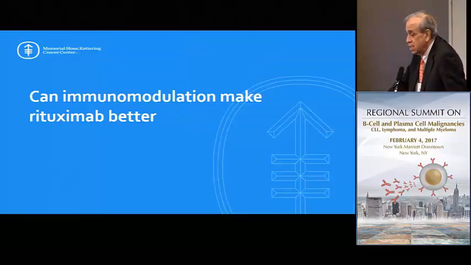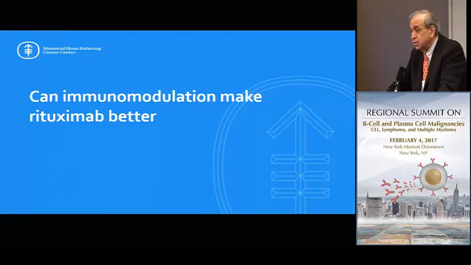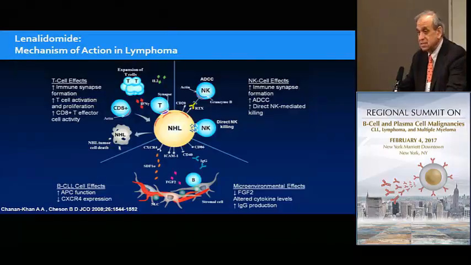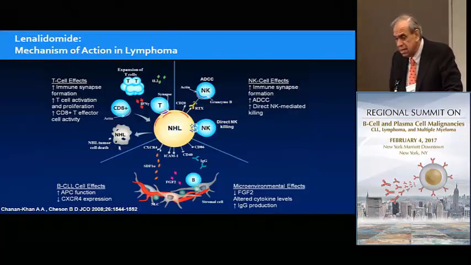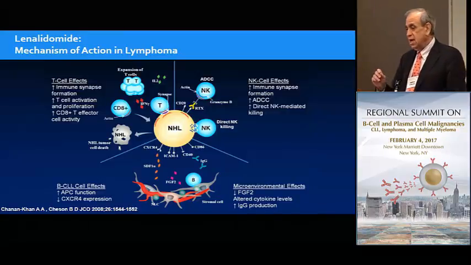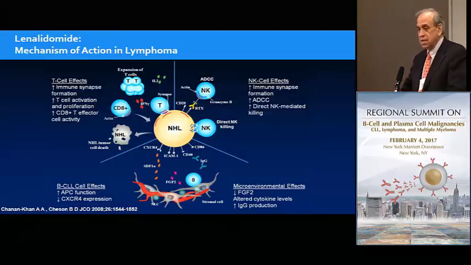Okay. So what about immunomodulatory therapy? Lenalidomide is a pleiotropic inhibitor of lymphoid cells. We know how it works now. The IMiDs bind to cereblon.